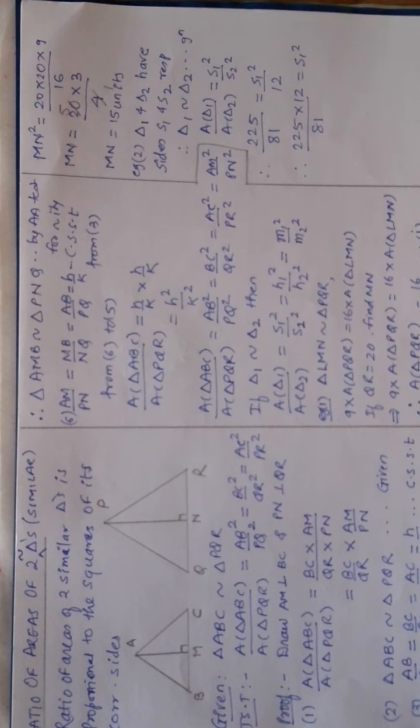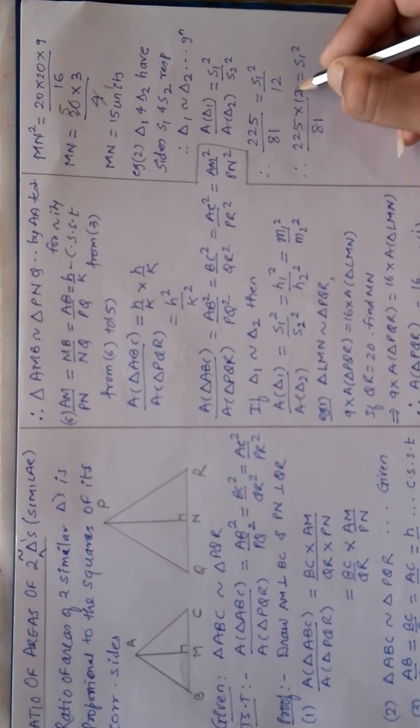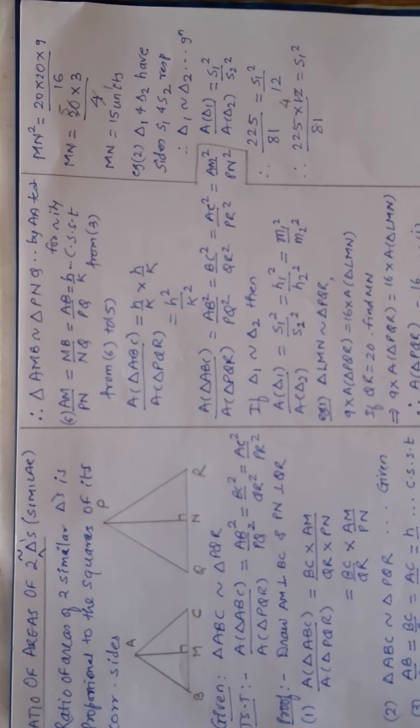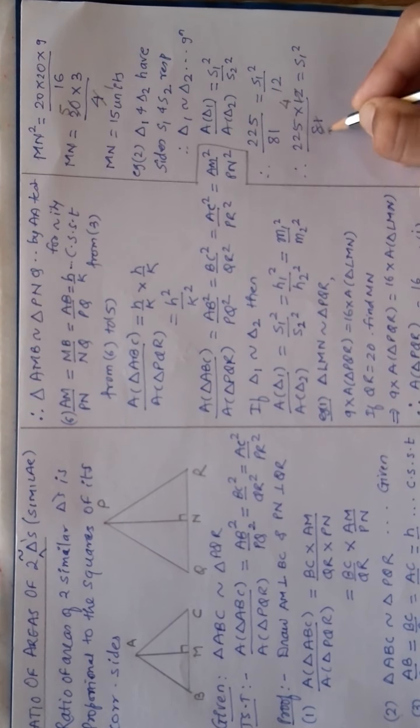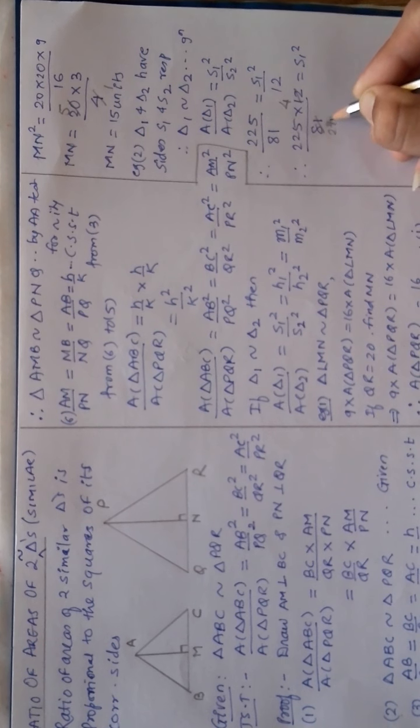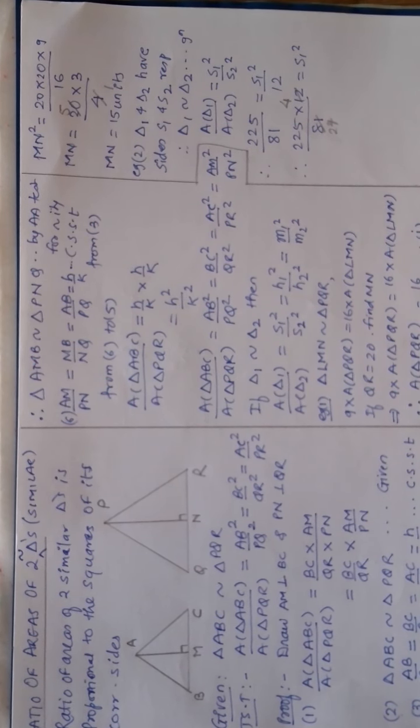So here, 12 and 81, 81 will not go in 12, but I think both are divisible by 3, no? Yes, this will be 3 fours, right, and this will be 3 twenty-sevens, yes, 27. Okay, this is 27 and this is 225. So it is 225 into 4 is to 27.